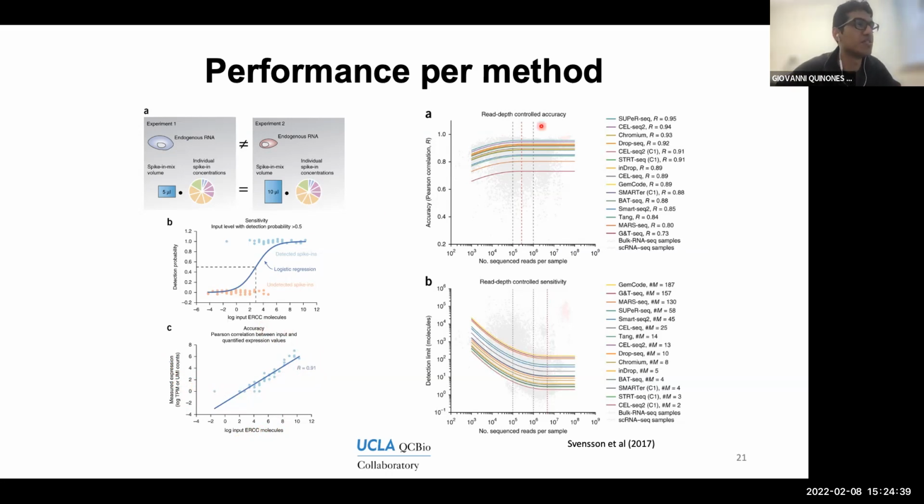And so starting with the accuracy, you can see that they tested quite a bunch of methods. And here they're showing this R value. So the higher the R value, the more accurate the method is. And as you can see, something you may want to remember, of course, they didn't test every method.